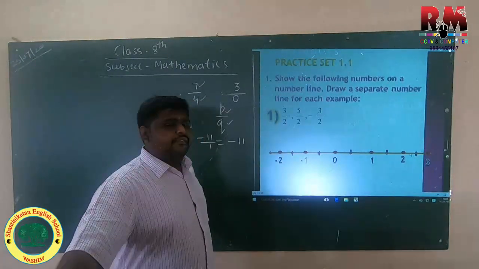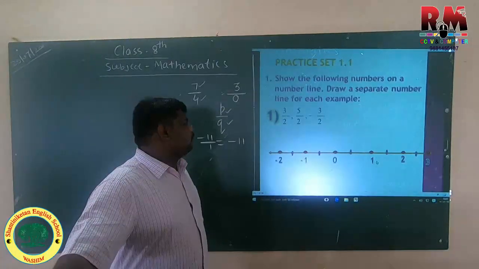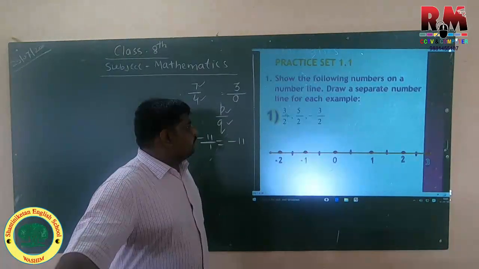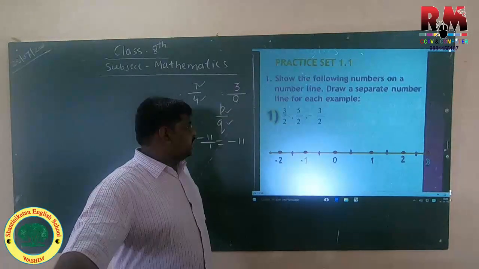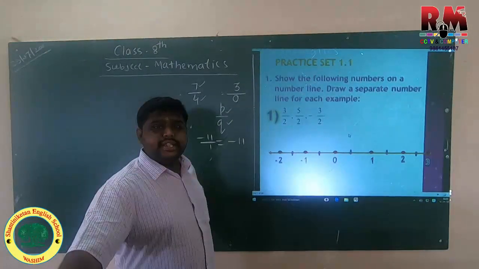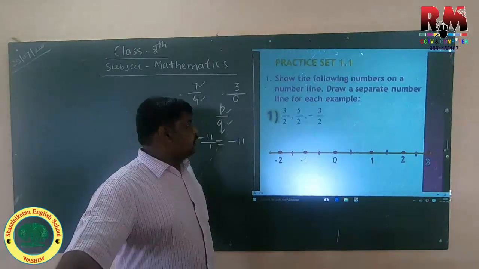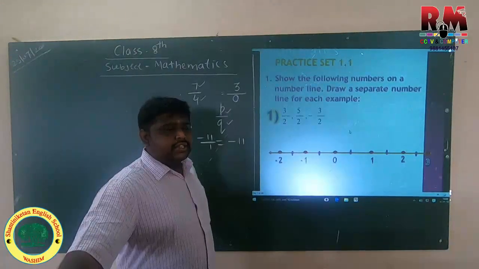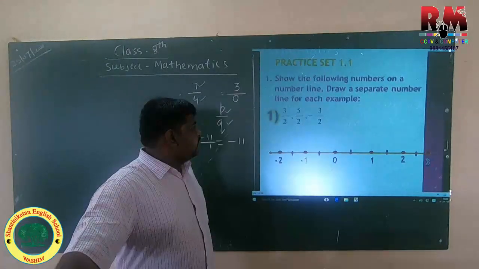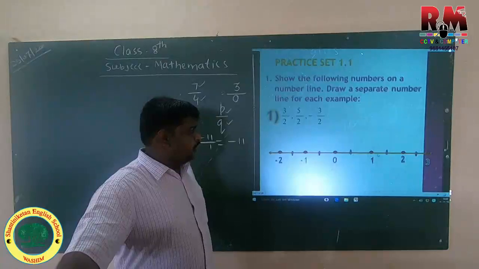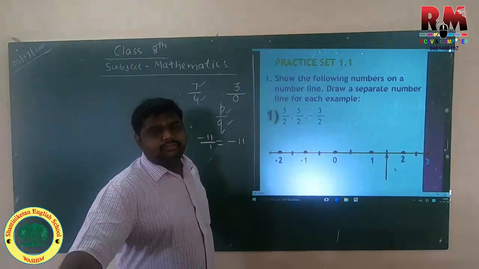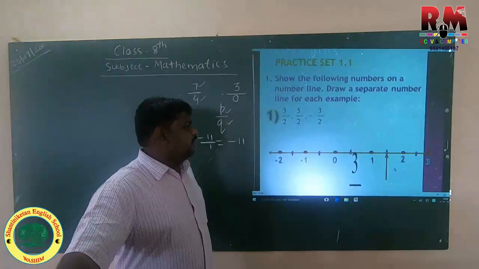Now where is 3 by 2? Observe numerator 3 means the third dot on the right side of the 0. Why right side? A positive number lies on the right side of the 0. Third dot on the right side of the 0: 1, 2, 3. So 3 by 2.